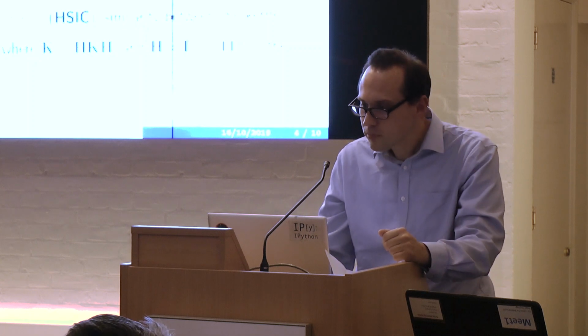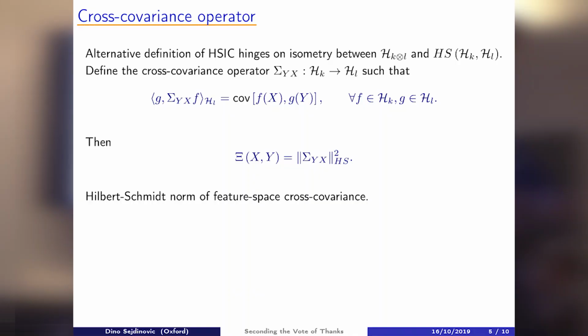Okay. So there's also an alternative view of distance covariance or this Hilbert-Schmidt independence criterion, which actually hinges on isometry between the RKHS H corresponding to the tensor product kernel between kernels K and L, and the space of Hilbert-Schmidt operators between H_K and H_L.